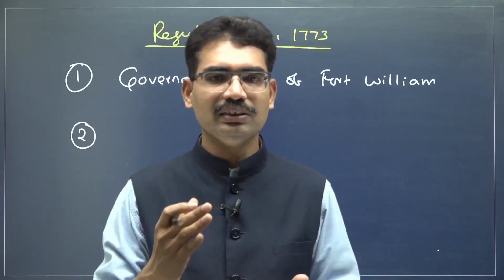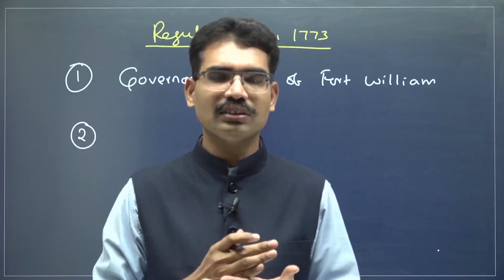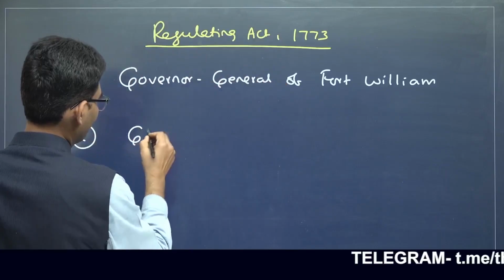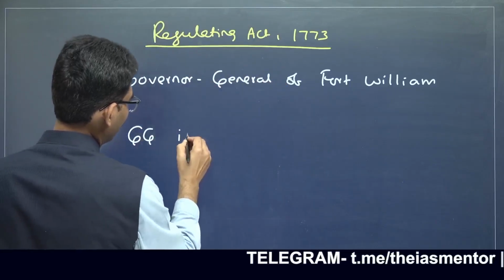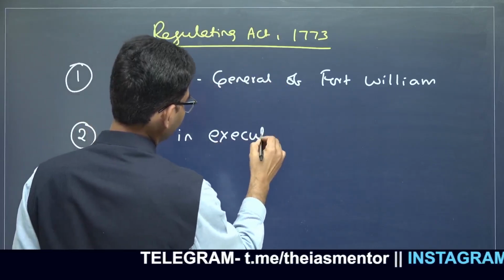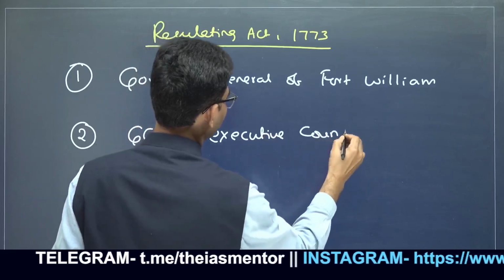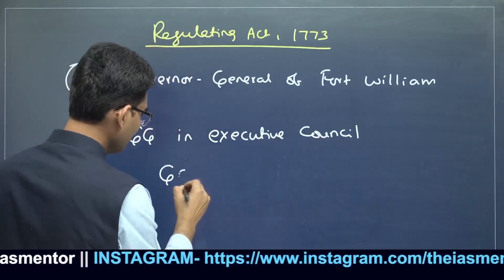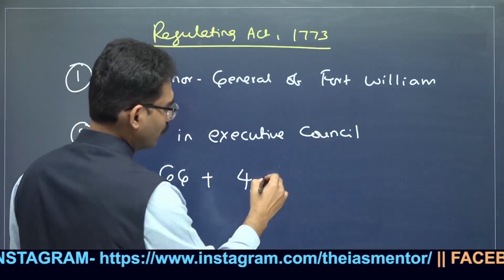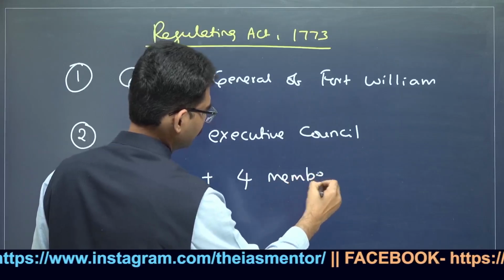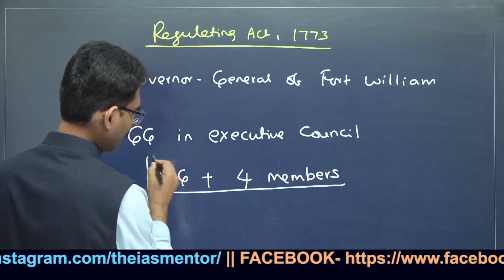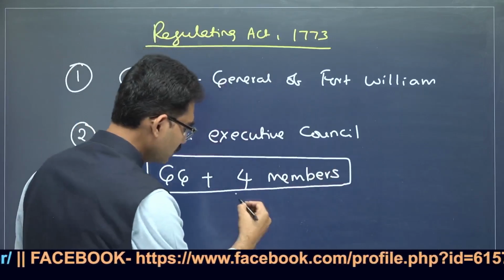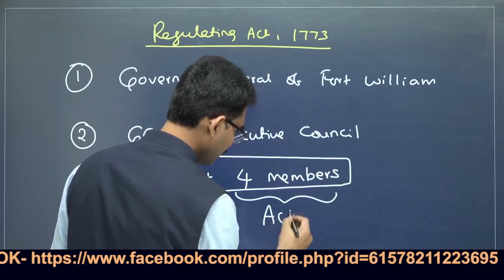He will be assisted or advised by a council that is called Governor General in Executive Council. How many members will be there? Governor General plus 4 members. These 4 members are mentioned in the Act itself.